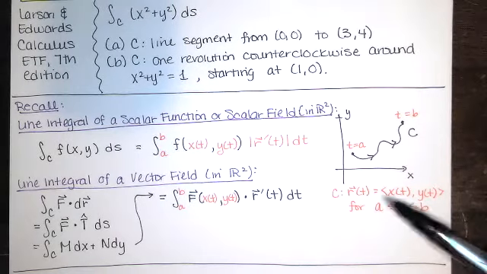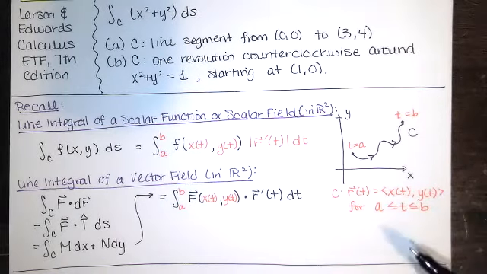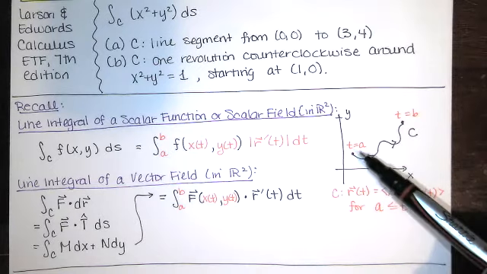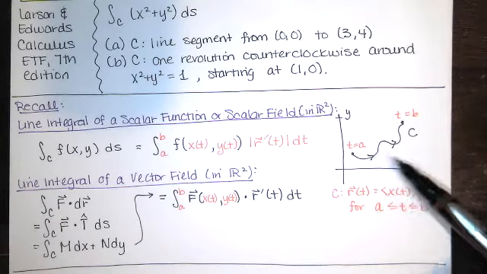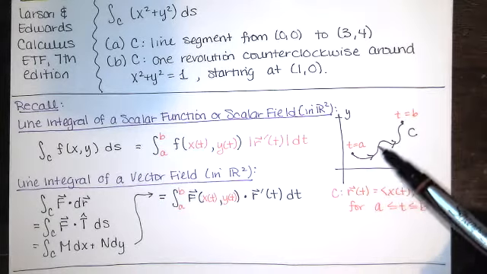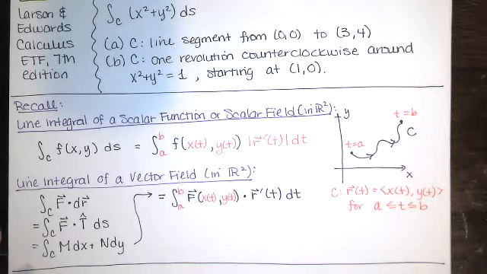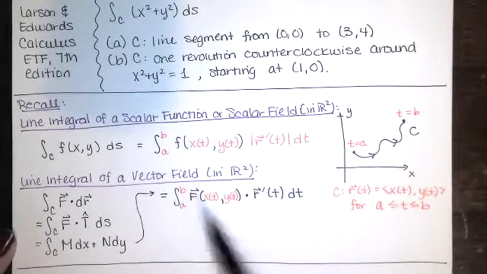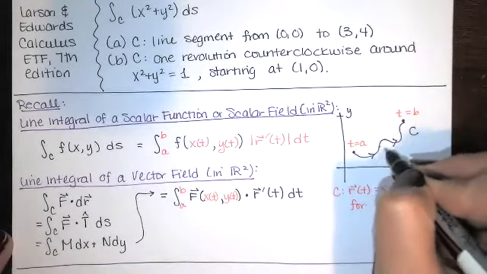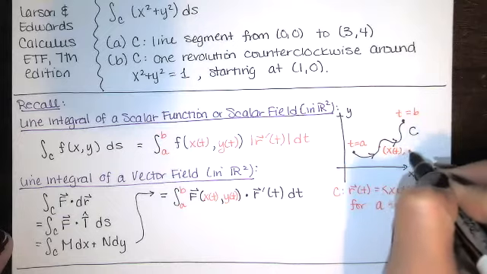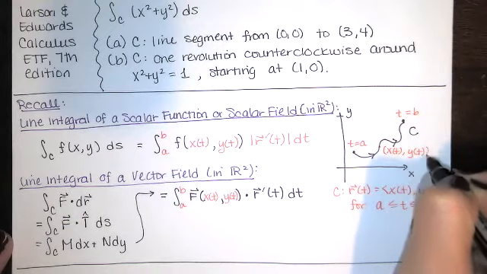If we're in the plane, r of t has components x of t and y of t, and at t equals a, we end up at 1 location, and then as t ranges from a to b, we trace out the path, and at t equals b, we're at the endpoint. So every point on this path can be represented by x of t and y of t.